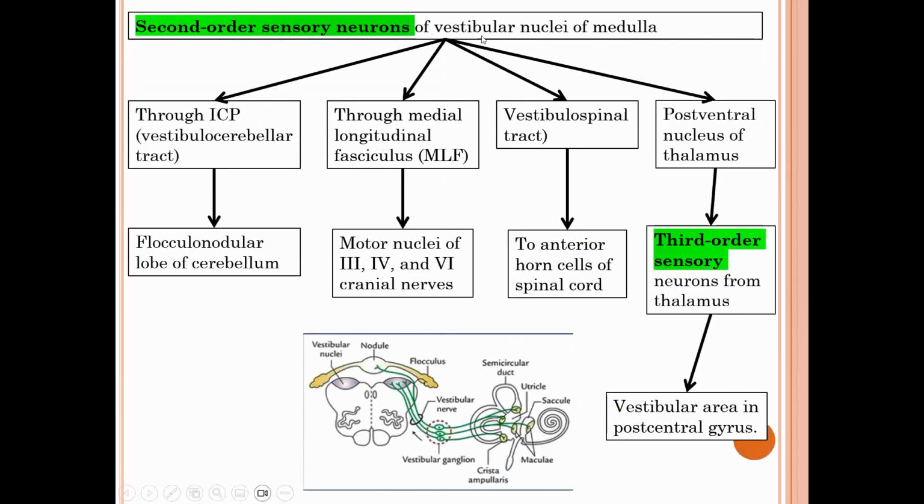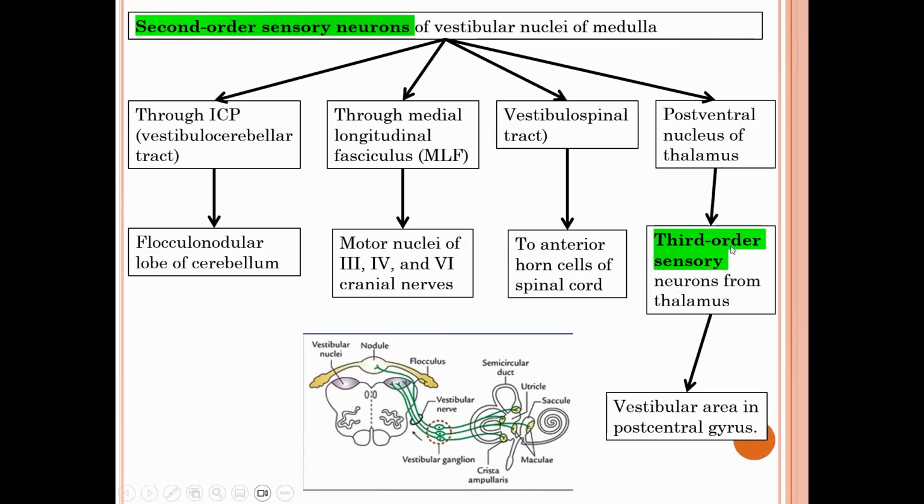The second order neurons of the vestibular nuclei of the medulla go to the flocculonodular lobe of the cerebellum via the inferior cerebellar peduncle, that is the vestibulocerebellar tract, and they also pass through the medial longitudinal fasciculus to reach the motor nuclei of the third, fourth and sixth cranial nerves. They also go to the anterior horn cells of the spinal cord via the vestibulospinal tract, and to the posteroventral nucleus of the thalamus.